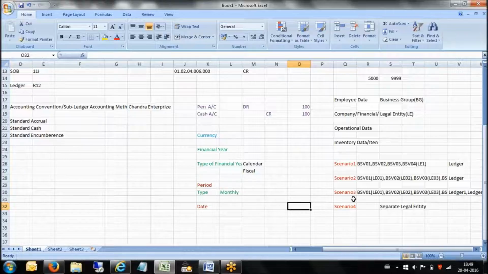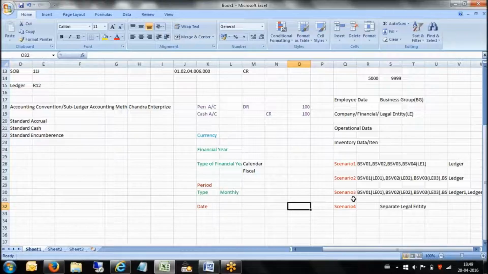If business says you have already got all your legal companies registered, then you can define it this way in your application as well. If the companies have their own tax identification and their own reporting, then I need to have their own legal entity. If they all report under one single legal entity, then it is scenario 1. Yes.